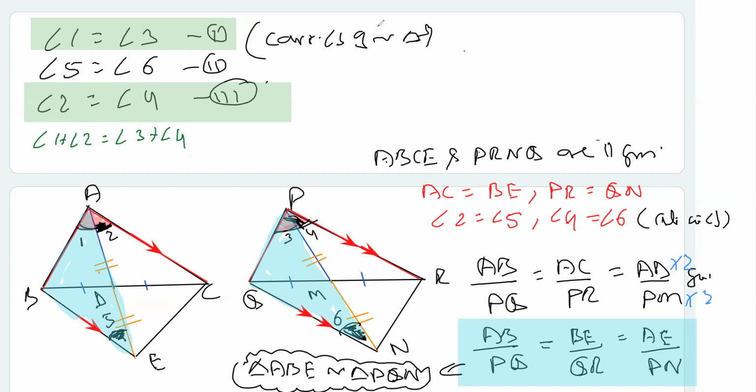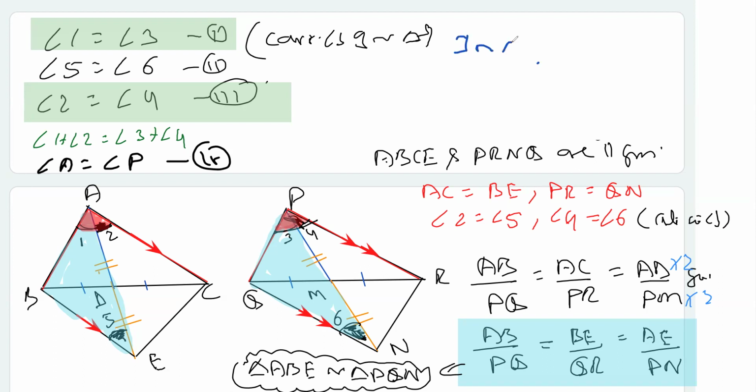Now look into the figure and you can find out that angle 1 plus angle 2 is this angle A and this angle B. That's what I told you in the beginning of the question, that we are figuring out how to prove these two angles as equal. So from here, as you can see, we have angle A is equal to angle B, and I mark it as equation 4. Now I can prove the triangles similar.